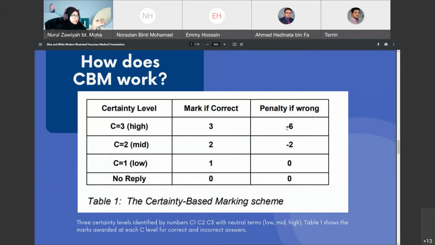And if you are very confident, like 2 plus 2, you said 22, and I'm very confident it's 22, you will get -6. It depends on how much weightage you put on the question. If one question is 2 marks, the penalty if wrong with high confidence will be -12 marks. Okay, for example purposes, I will use 1 mark each.